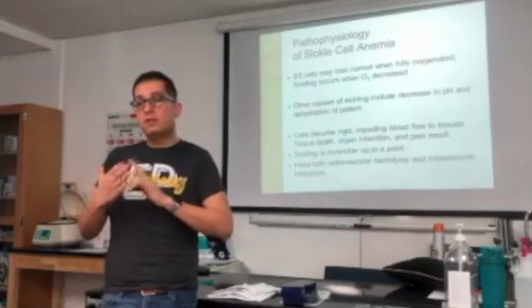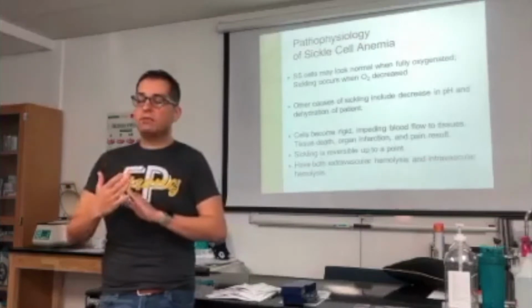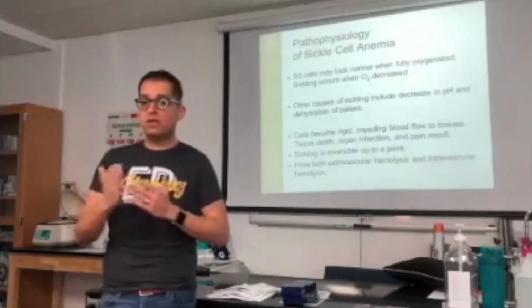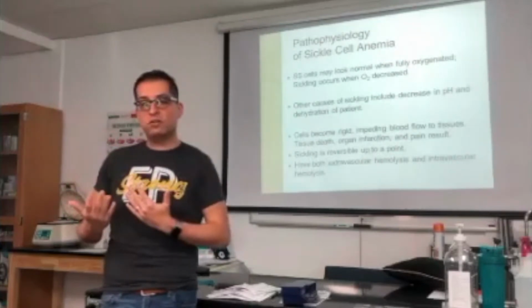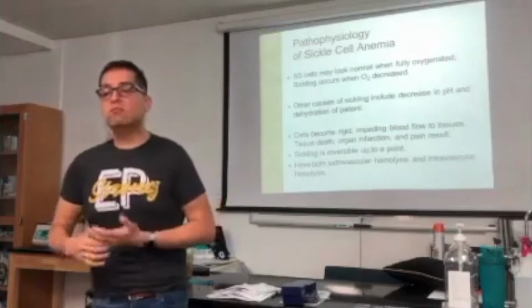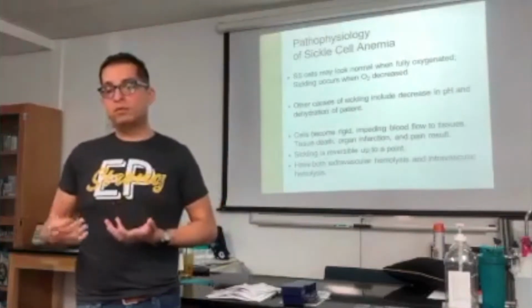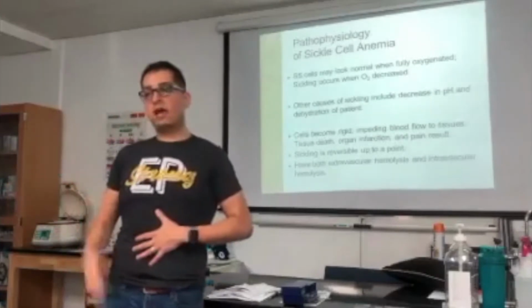So it blocks that capillary passageway. All of those rigid RBCs start stacking up on each other, and eventually they block that passageway. That results in an embolism, which is a blockage of that specific capillary.